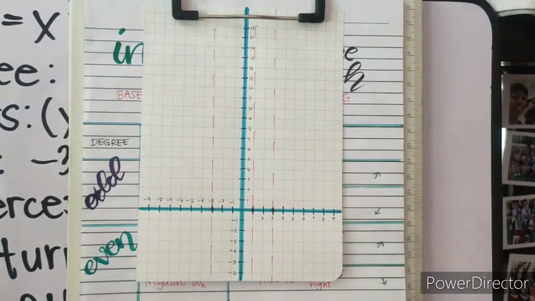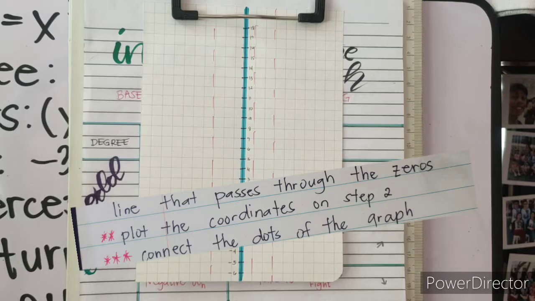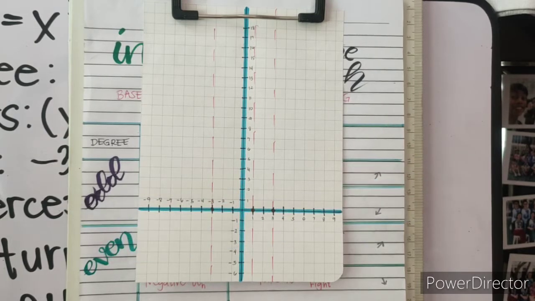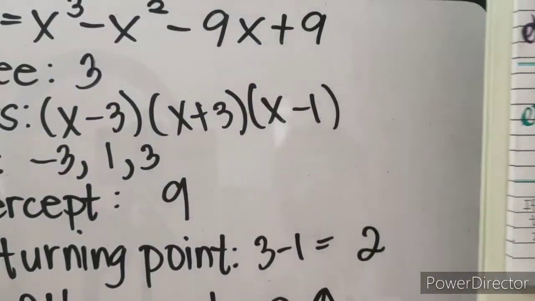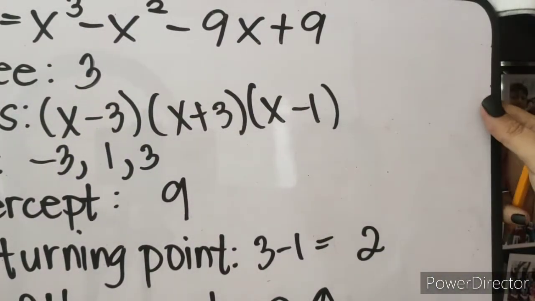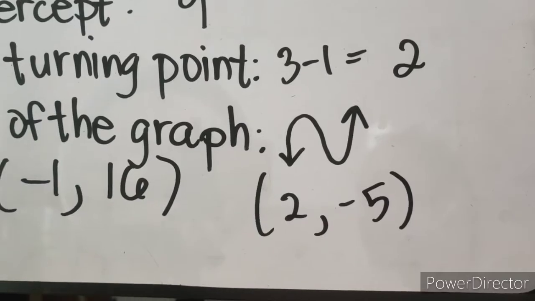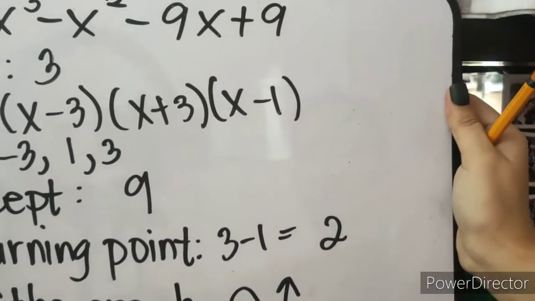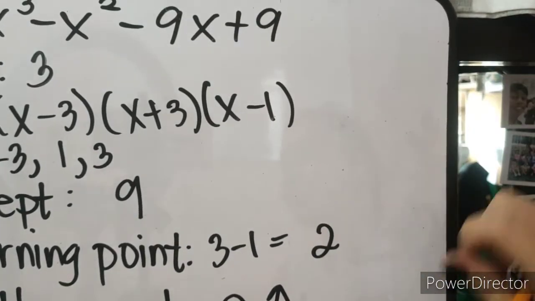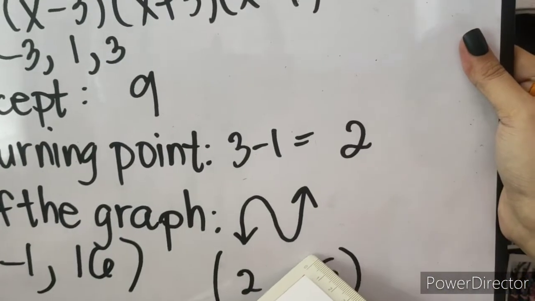Okay. Pagkatapos nun ay i-graph naman natin yung coordinates na kinuha natin. At dalawa yung turning point natin. So, dalawa din yung coordinates natin. So, which is yung -1, 16 and 2, -5. So, dapat magiging ganito yung itsura ng ating graph.